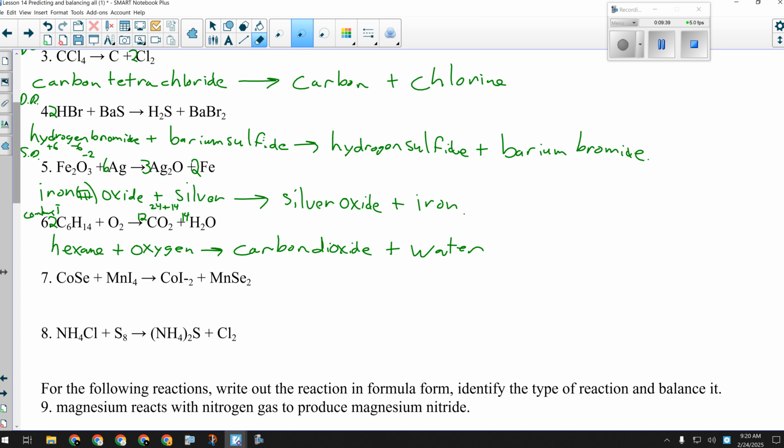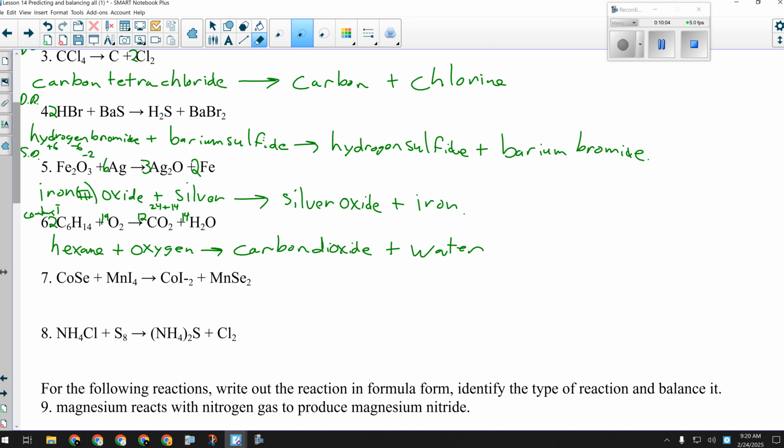What times 2 will give me 38? Pretty sure it's 19. Everybody with me there? We can't forget that the reason we put these plus signs in here is because we're really supposed to add all the numbers up so that we have the same number of everything on both sides of the arrow. Is that ringing a bell a little bit?